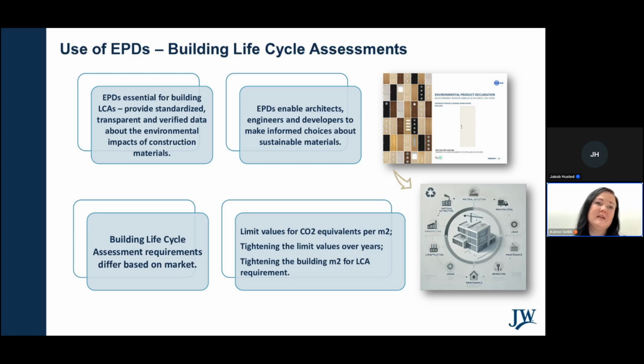So yeah, there are some forerunners like Denmark in that area, and then there are some countries where they are still okay to use more generic data, or where the building life cycle assessments are really not in place yet. But we only see that the need will increase, and eventually, after a few years, I think everyone will pretty much be like Denmark. So we want to be ready for that.